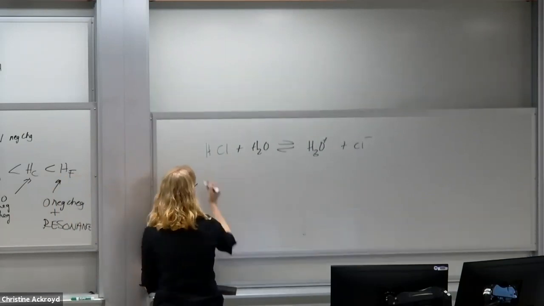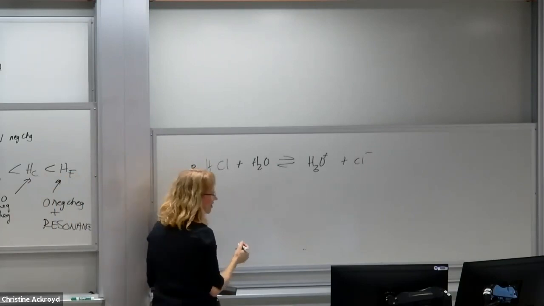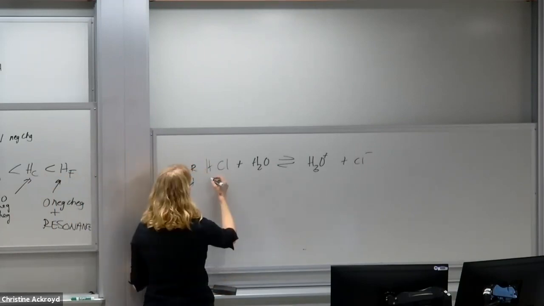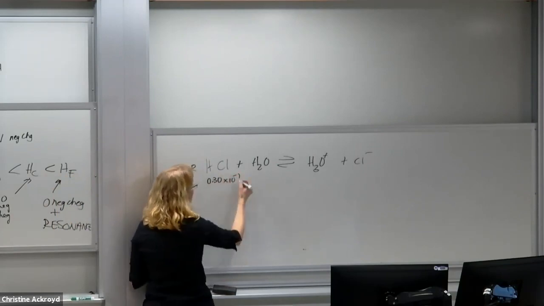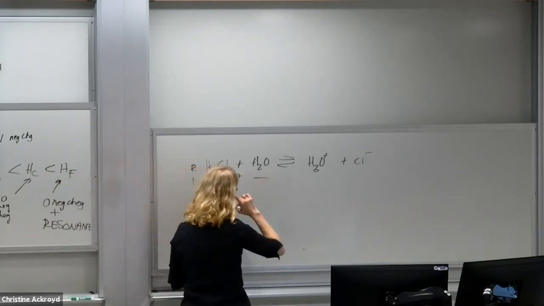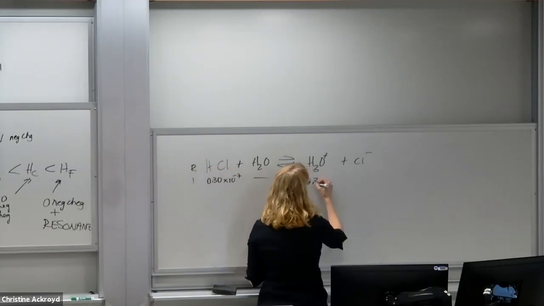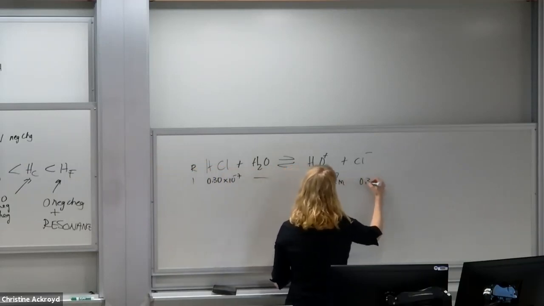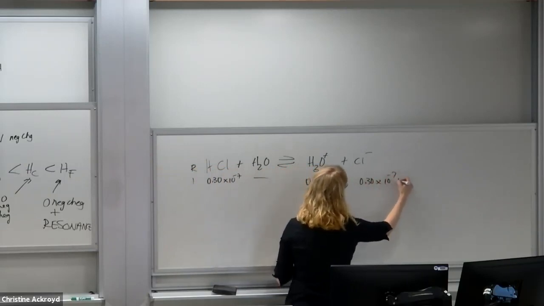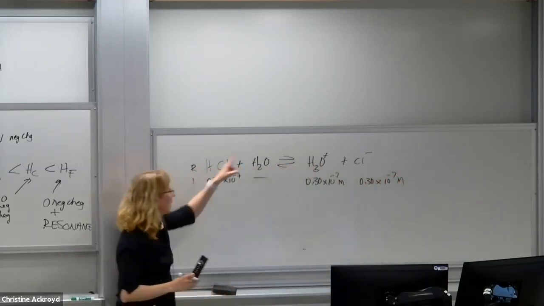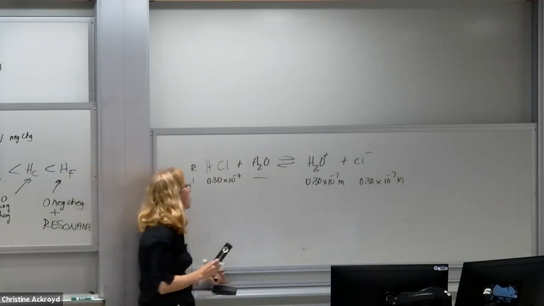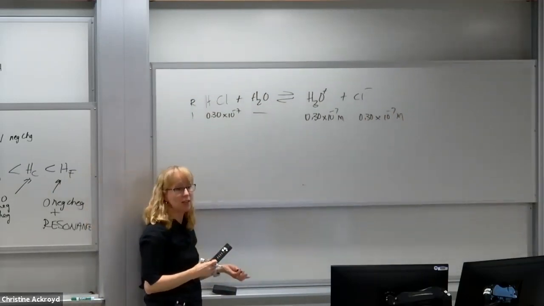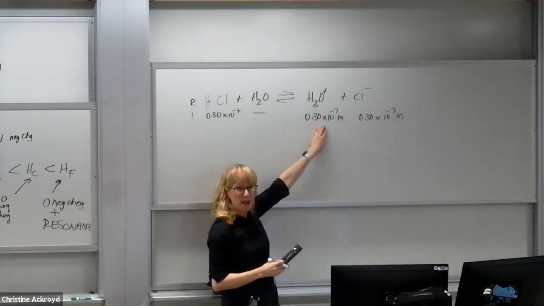So if we're doing this RICE table, what kind of acid is HCl? It's strong, right? So when it reacts with water, it's going to react completely, and we know exactly how much hydronium is added to our solution that comes from the HCl, right? Big amount or small amount?